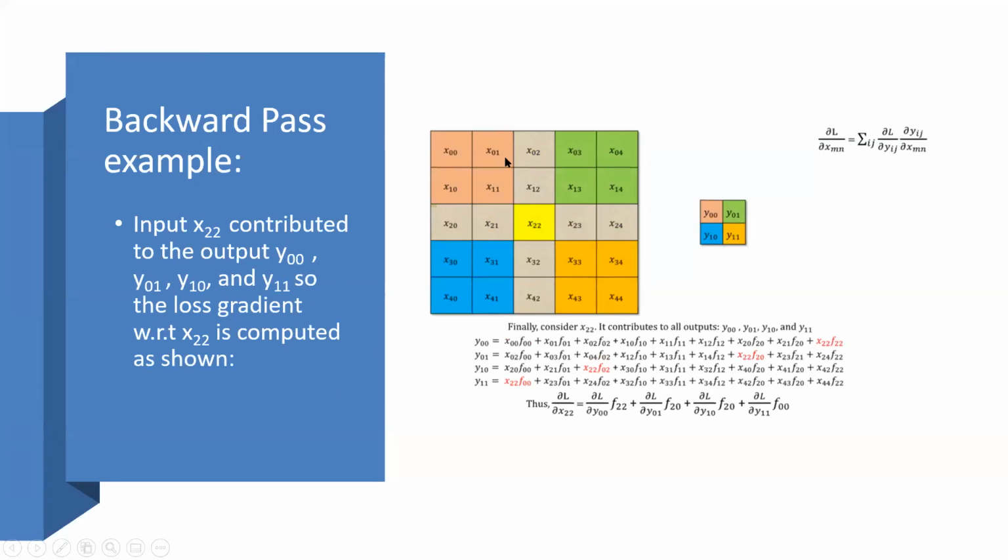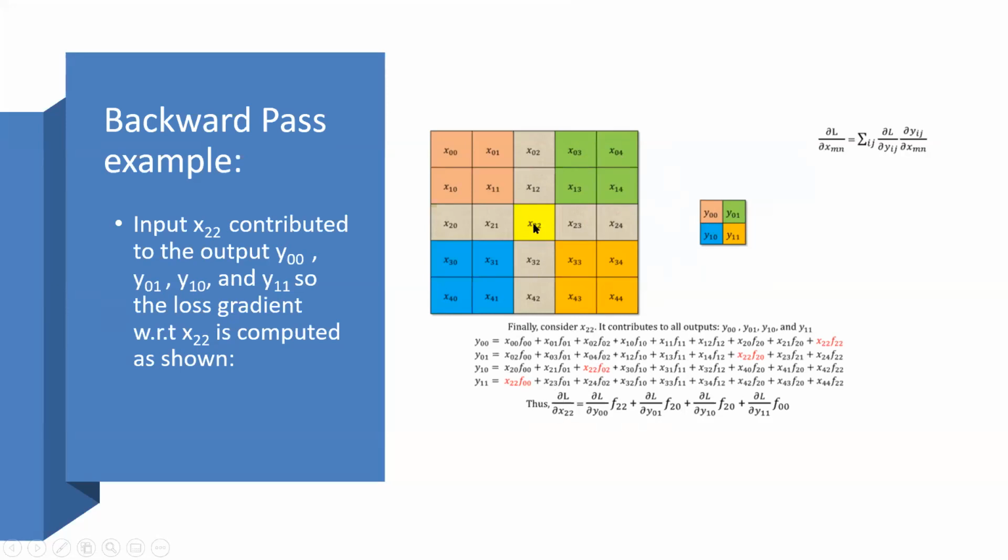You also repeat that for x03, x04, and so on: you check which outputs xij contributed to, check the filter that convolved with that input to get the output, and then sum all of them to get the loss gradient at that specific position.